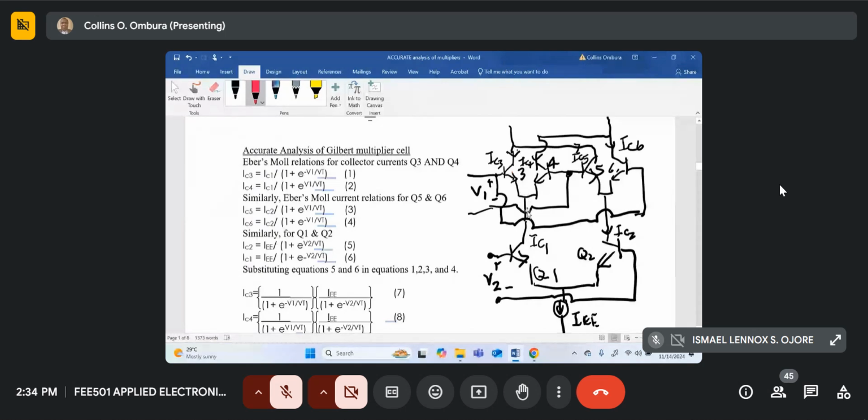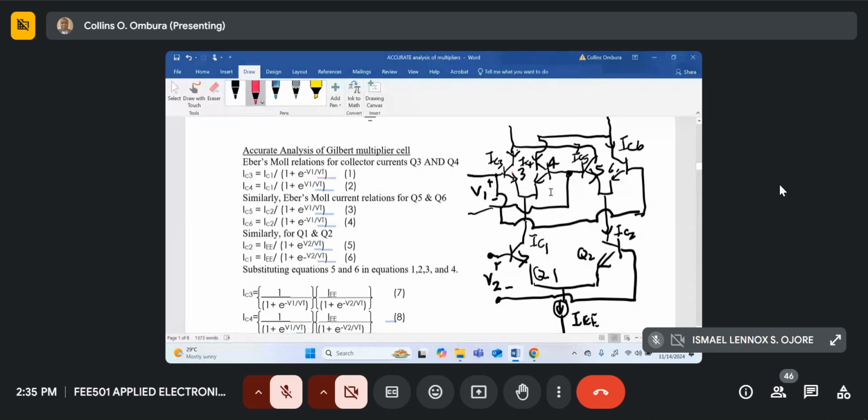This is the emitter current over here. The emitter current is actually IC1. So instead of writing IEE as we did before, we use IC1. So that should be how we get this IC1 over here, all divided by 1 plus e to the minus, remember for the first transistor, it was minus V1 over VT.